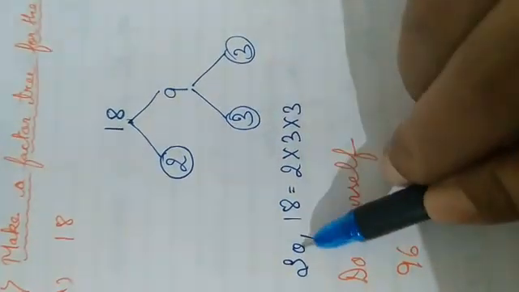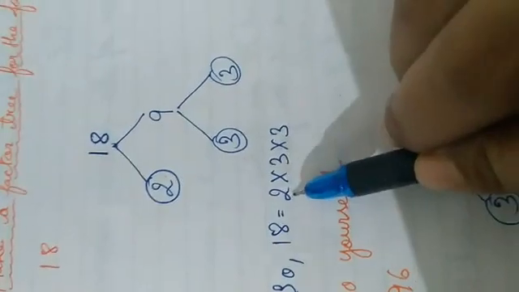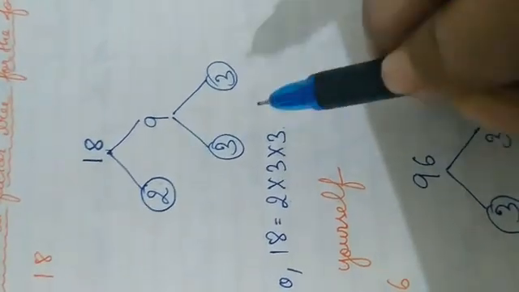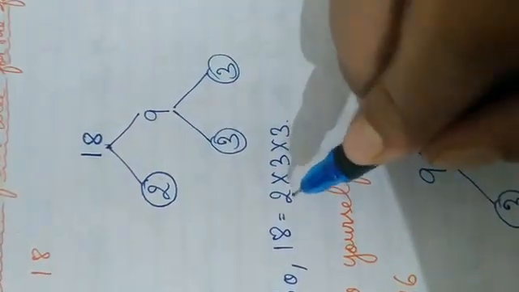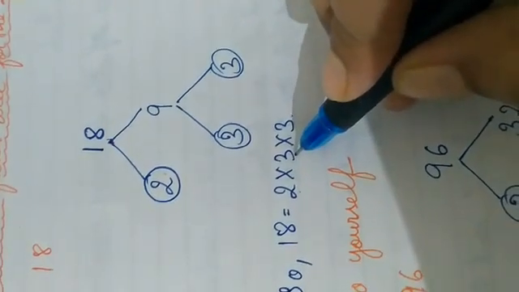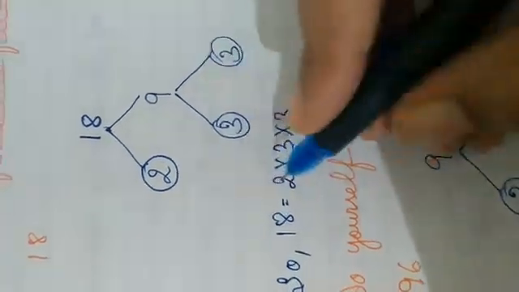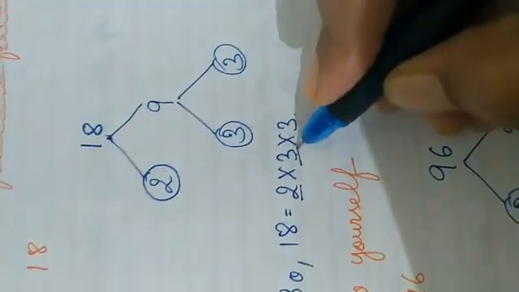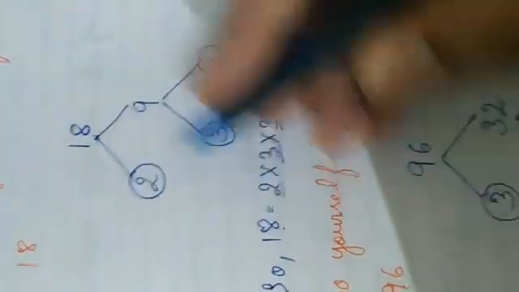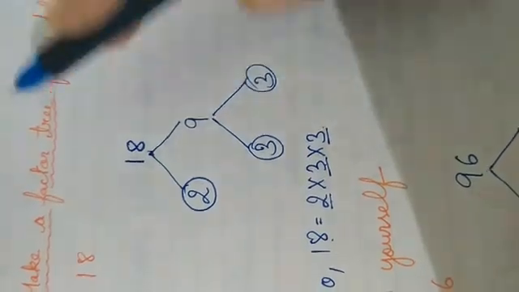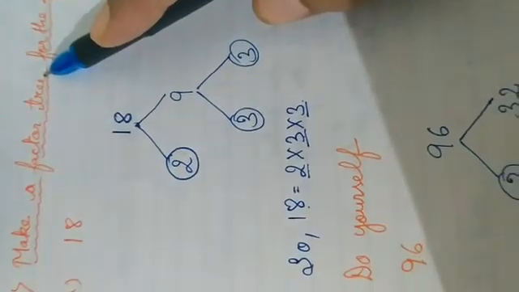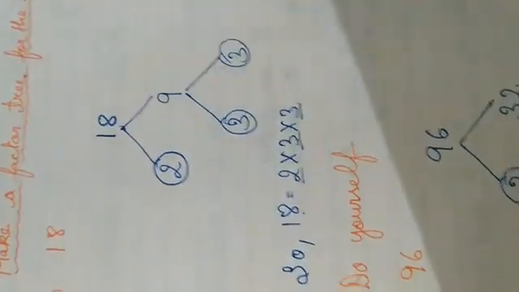So 18 is equal to 2 into 3 into 3. When we multiply, 2 into 3 is 6, and 6 into 3 is 18. So we have got all the prime factors of 18 by making this factor tree.